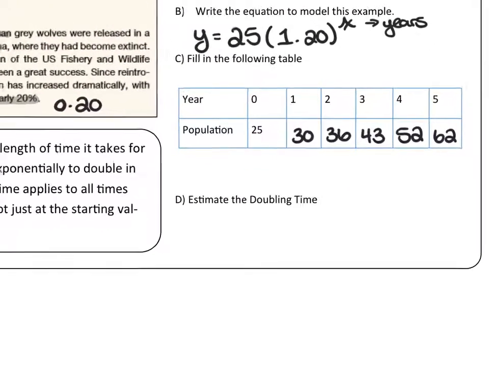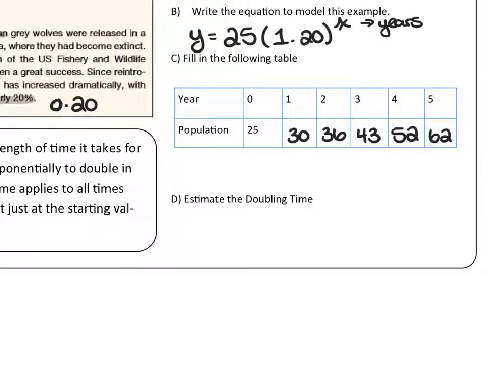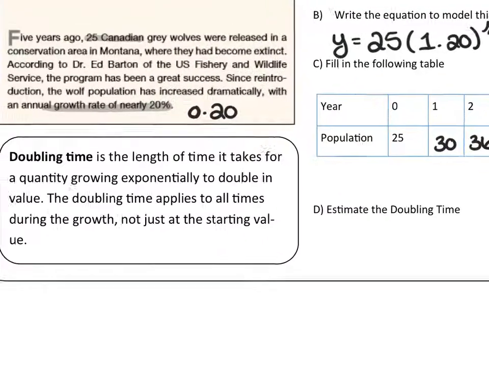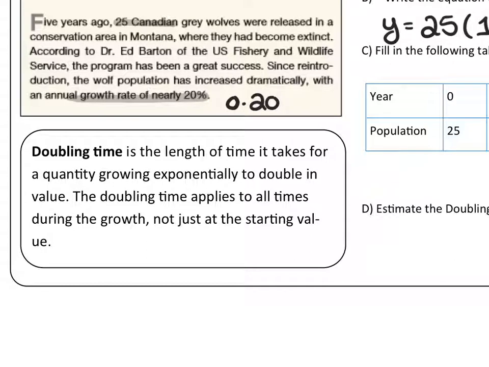We're going to estimate the doubling time. Doubling time, it says over here, is the length of time it takes for a quantity growing exponentially to double in value. That means double what you started with. So if you start with $100, how long does it take to double to 200?